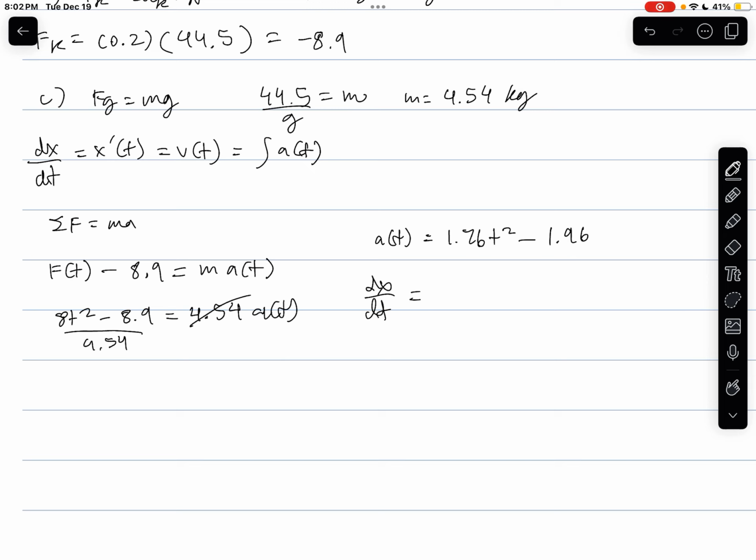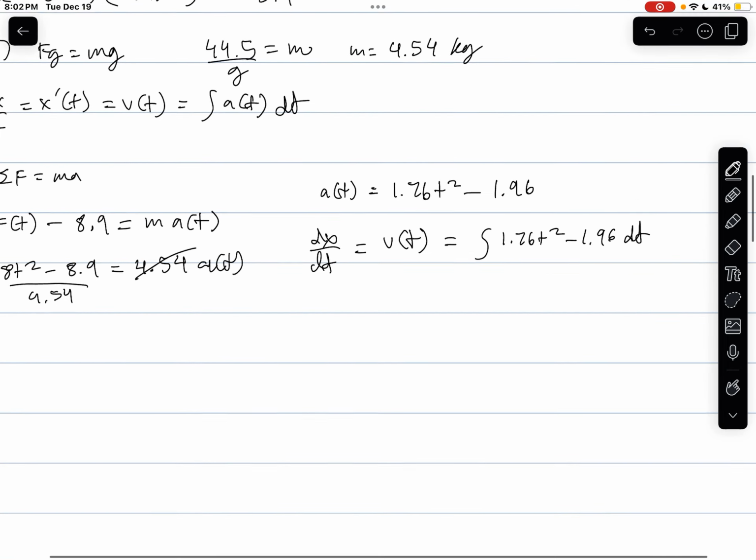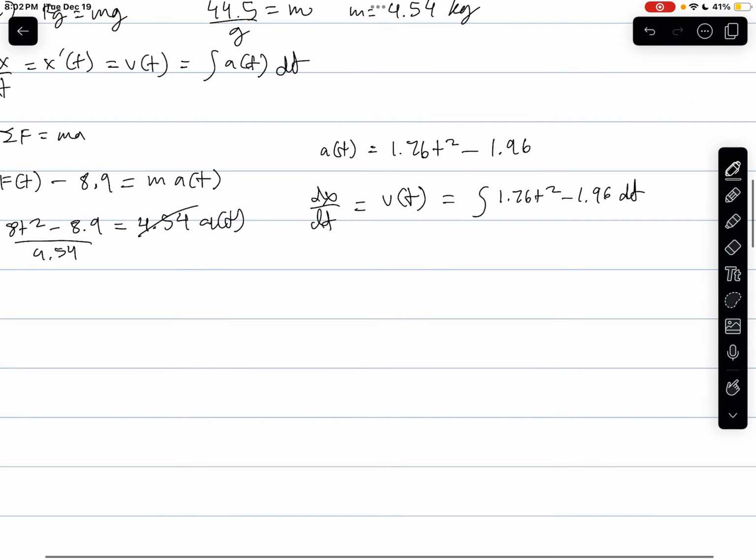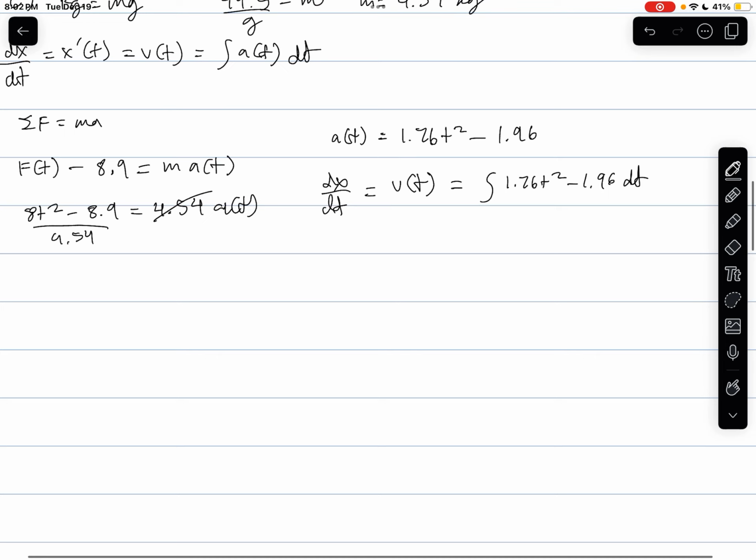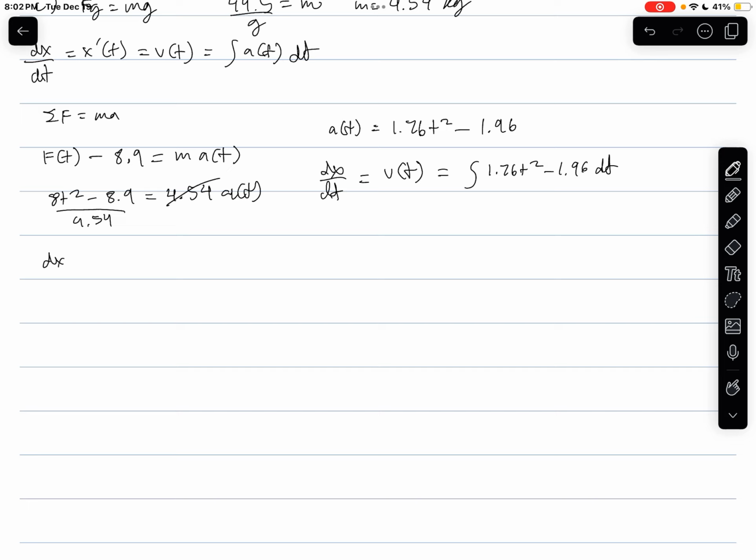And like I said before, dx/dt equals v of t, which equals the integral of a of t. So then I can do the integral of 1.76 t squared minus 1.96 dt. Okay, so then I do integration.